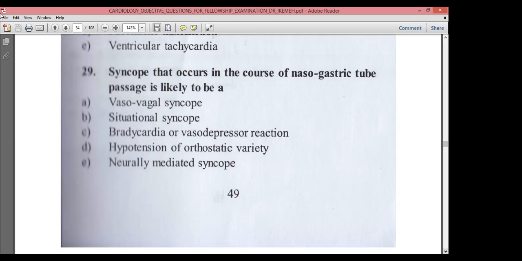If I were to choose based on what I went through, I would have chosen B, situational syncope, because the situation is the NG tube, which is a sort of gastrointestinal syncope because of gastrointestinal tract instrumentation. But Prof chose C, so I don't know. I'll leave it for the house to decide.